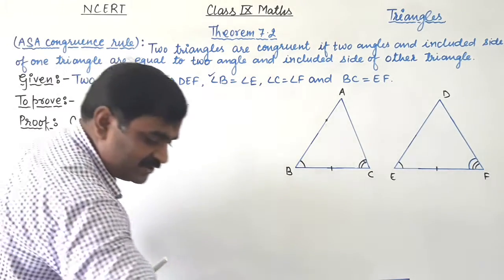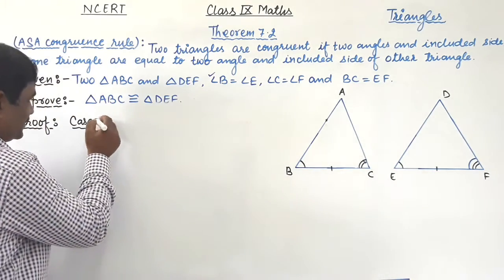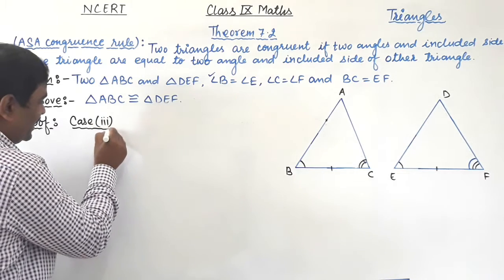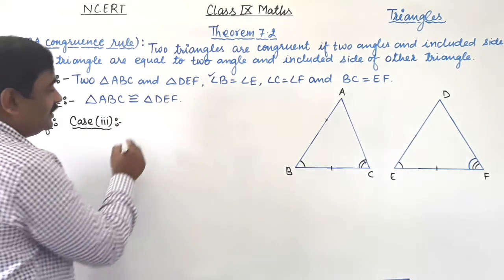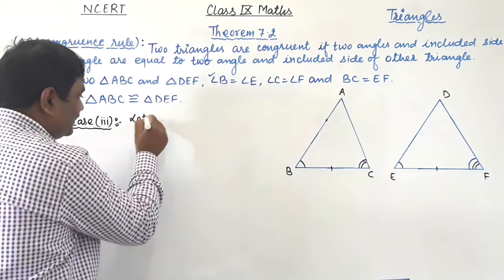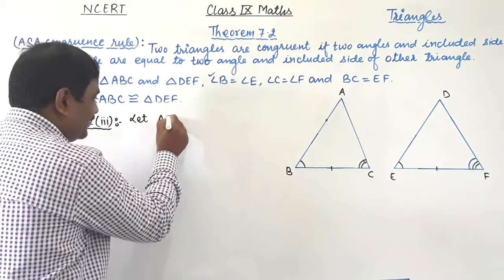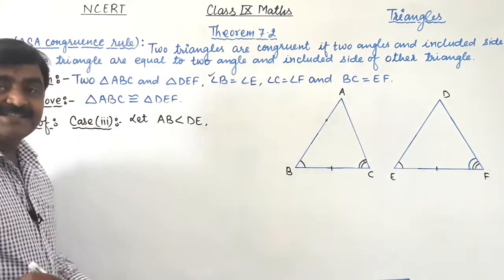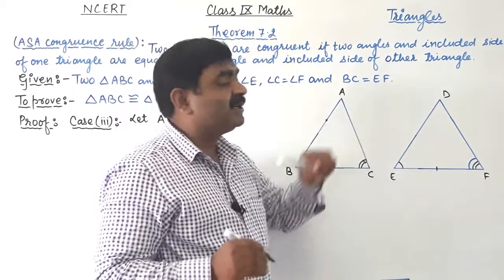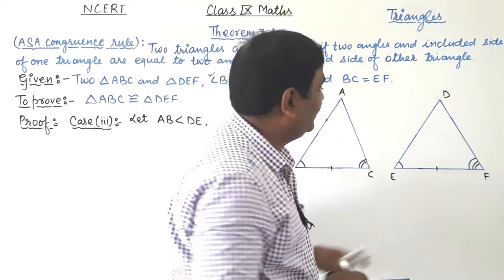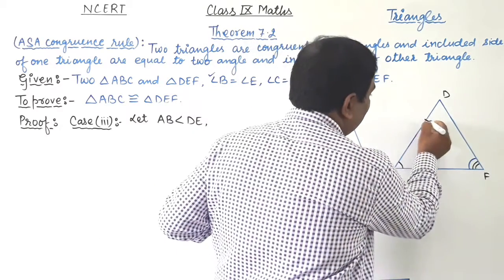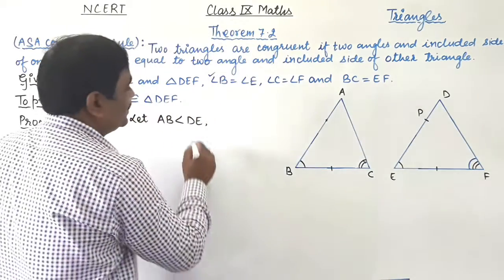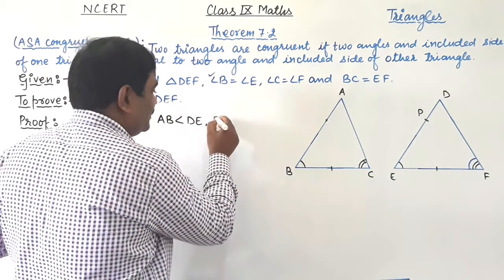Now in case 3, let AB be less than DE. When AB is less than DE, you have to take a point P on the side DE such that EP is equal to AB.